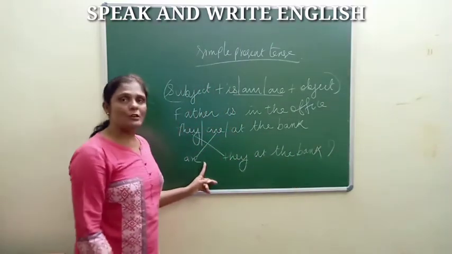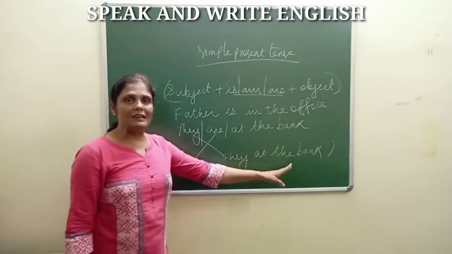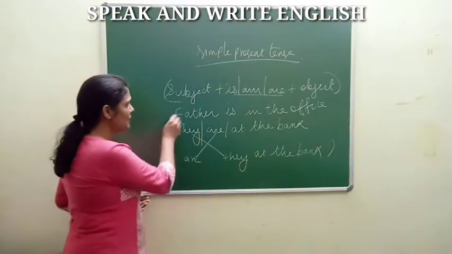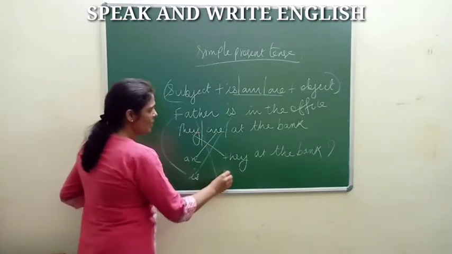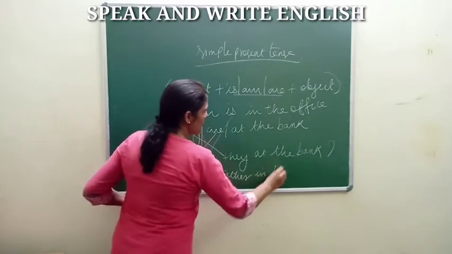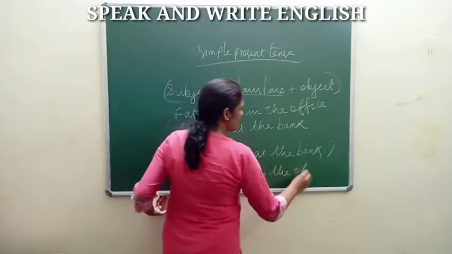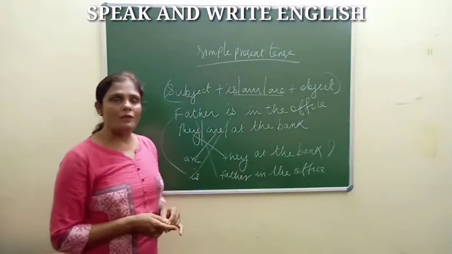Here we are going to use the be forms first, followed with the subject and then ending with the object. If I take the sentence, is father in the office? Is father in the office?